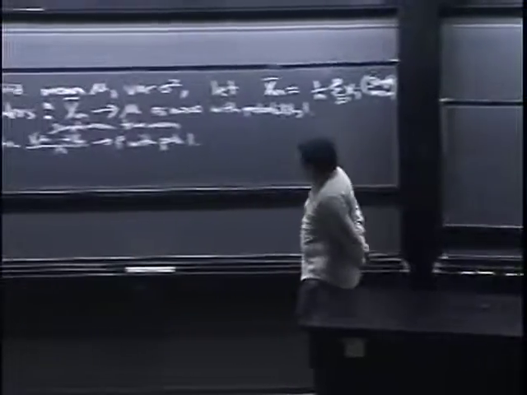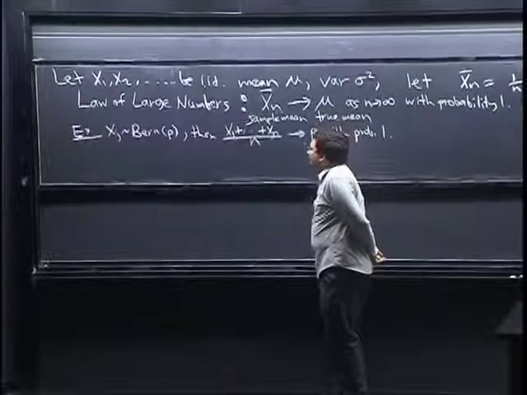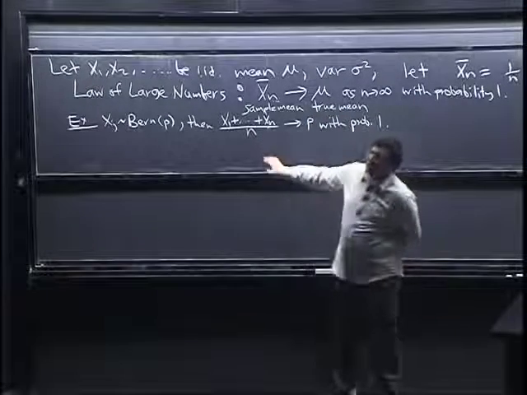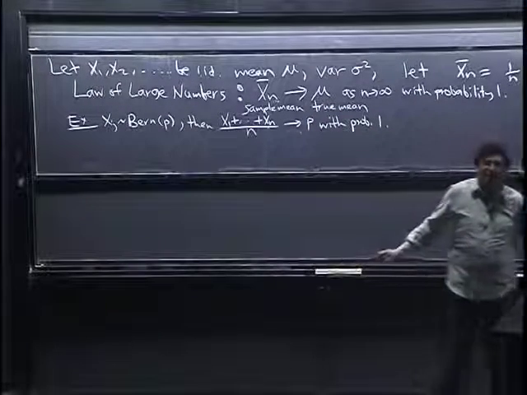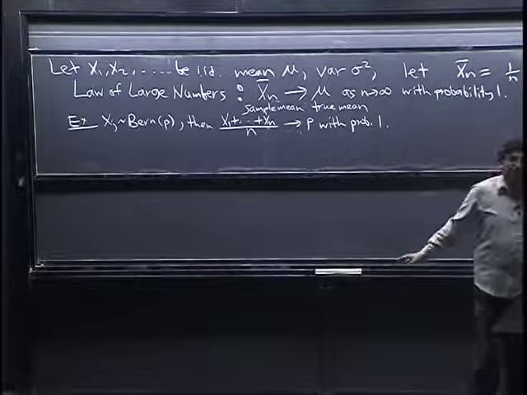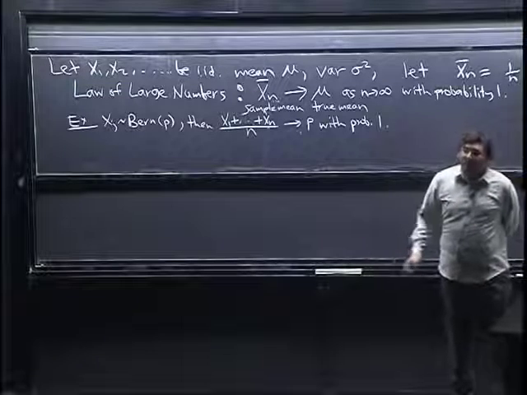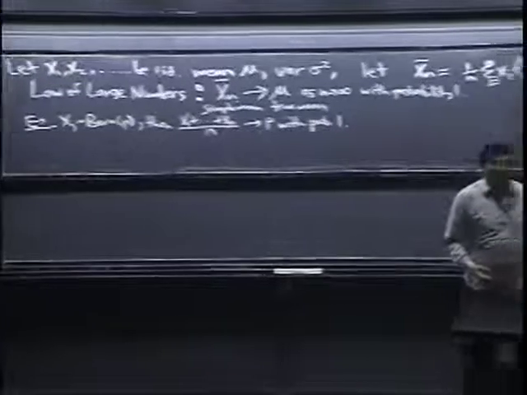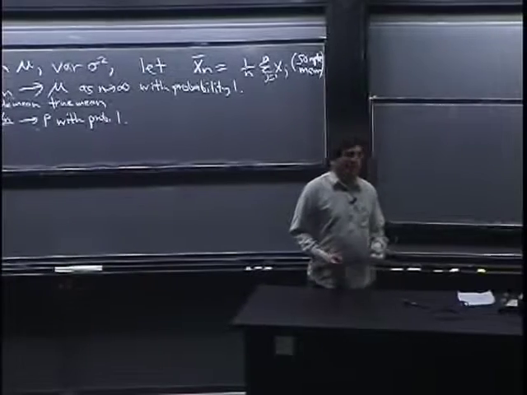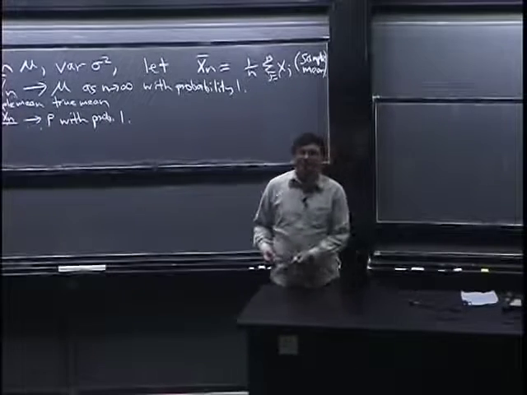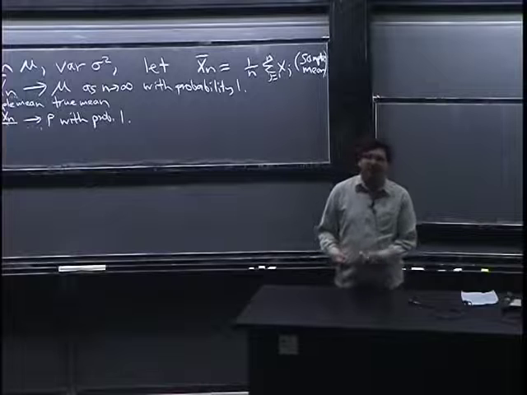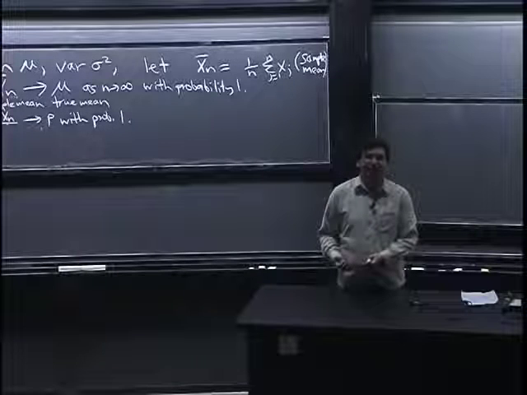But to comment a little more on what it actually says for the coin, because this is related to the gambler's fallacy. The gambler's fallacy is the idea that, let's say you're gambling and you lose 10 times in a row, and then you feel that you're due to win, right?